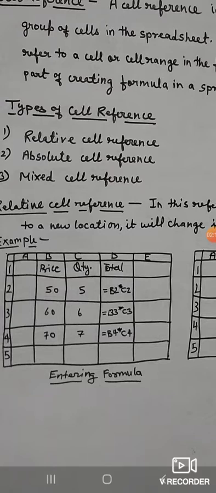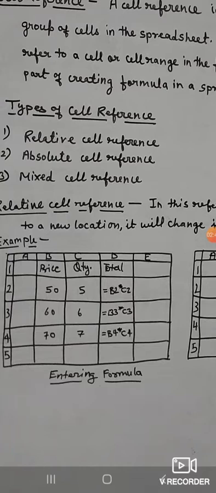So formula is equal to B2, means the cell address of 50 is in column B and row 2. So B2 into, means asterisk symbol, C2. 5 is at column C and row 2. So C2.